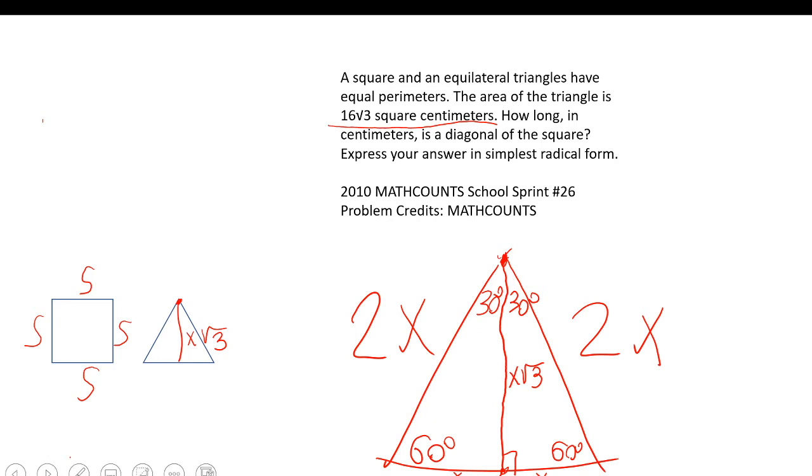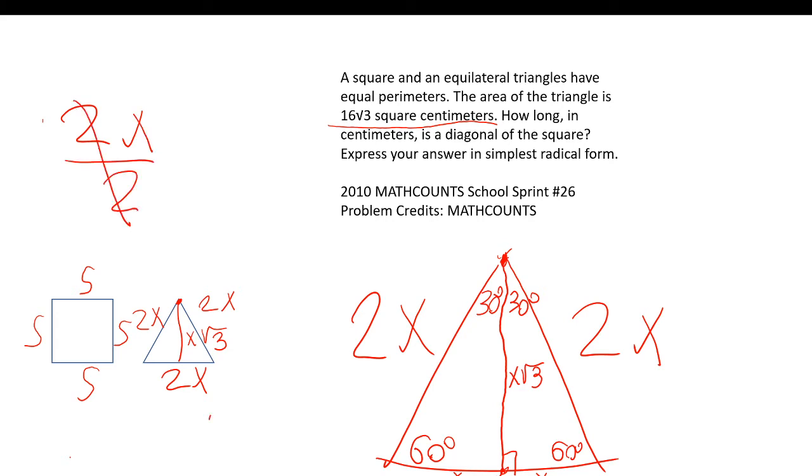We're going to solve this geometrically with a bit of algebra in between. The entire base is 2x, and the height is x root 3. Now we're taking half of base times height, so we take 2x and half of that. The 2's cancel. We have x times x root 3 equals this 16 root 3.